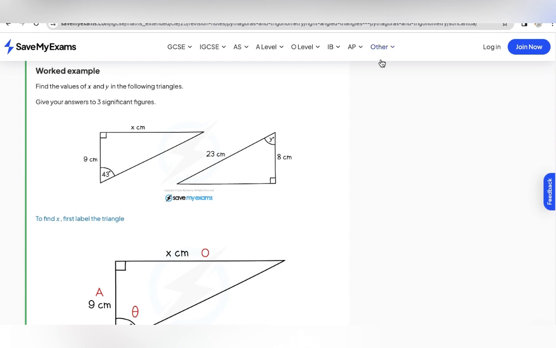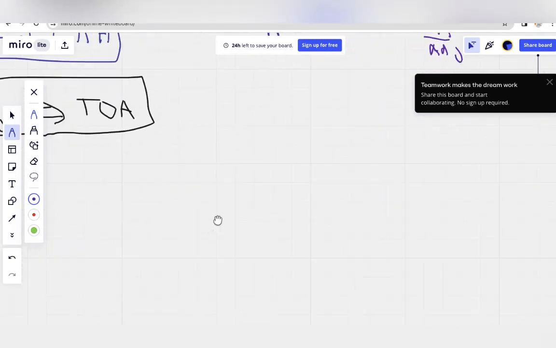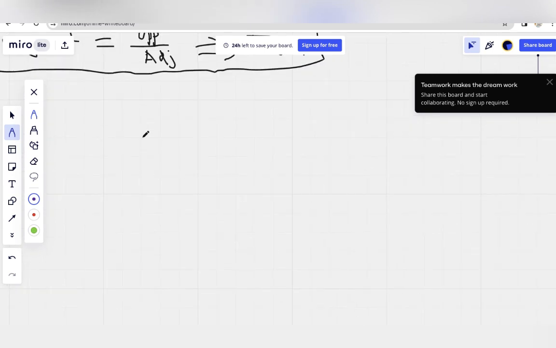So for this first diagram, let's quickly find x. Here we have a right angle triangle like this.